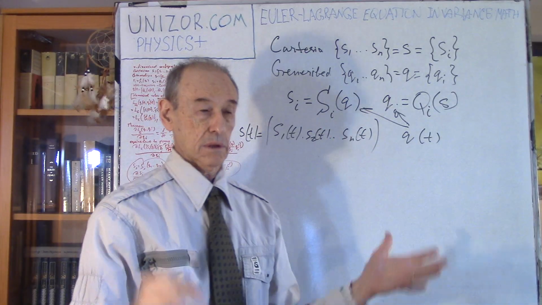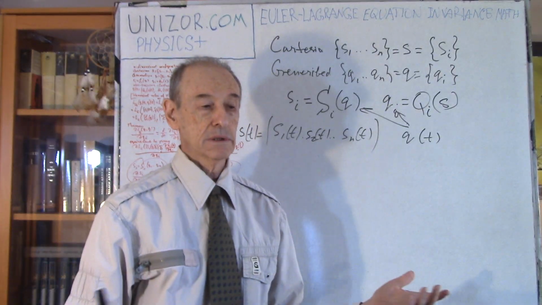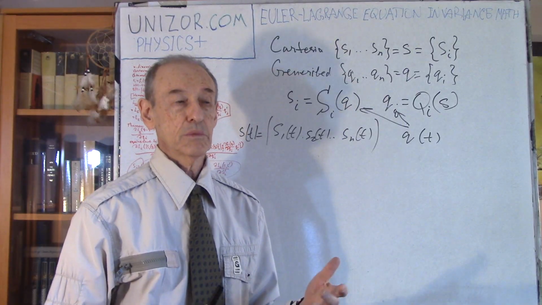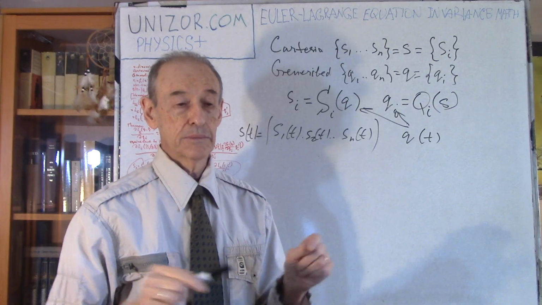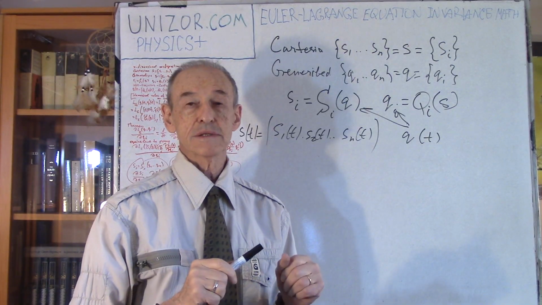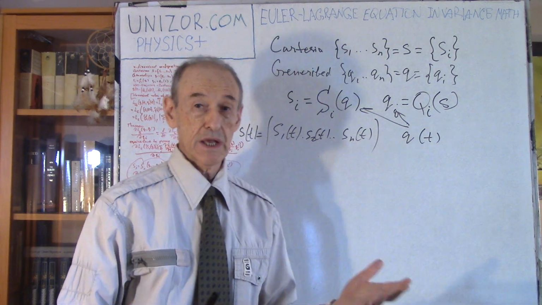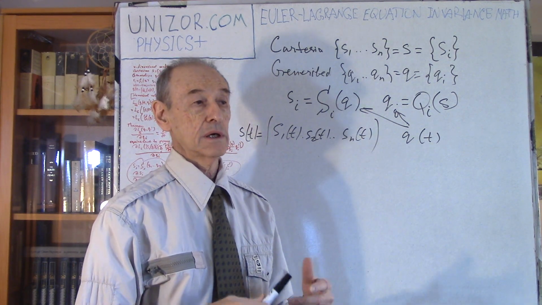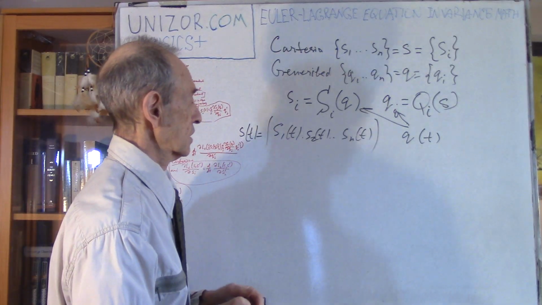In some space, let's say we have a three-dimensional space, and we have n different point masses from which the system consists, which means we have 3n coordinates in any kind of system. So basically, that's what it is.